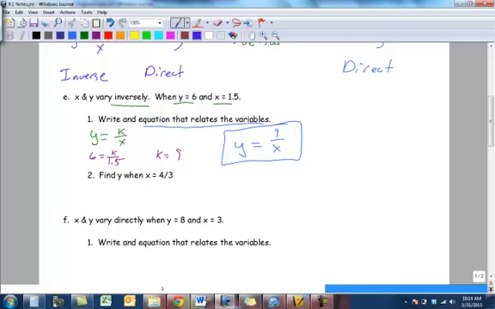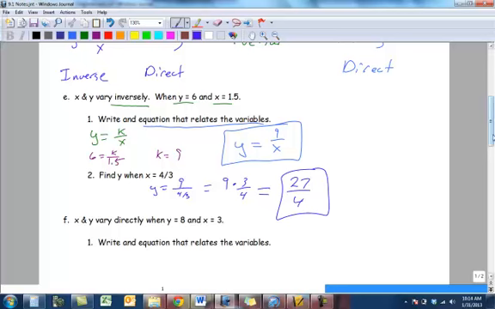So y equals 9 divided by 4/3. Now, I don't like complex fractions, so take the numerator, 9, instead of divide by, we're going to multiply by the reciprocal, 3/4, which is 27/4. So when x is 4/3, y is 27/4.